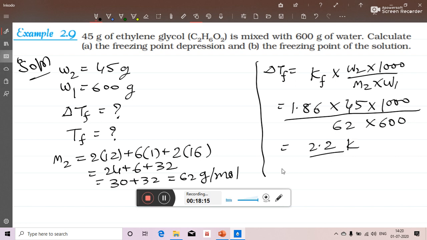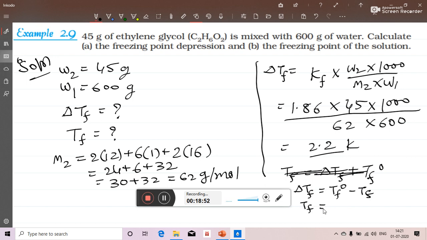Now we have to find out TF. Delta TF is equal to TF naught minus TF. So we have to find out TF, so we'll take TF on the left hand side.